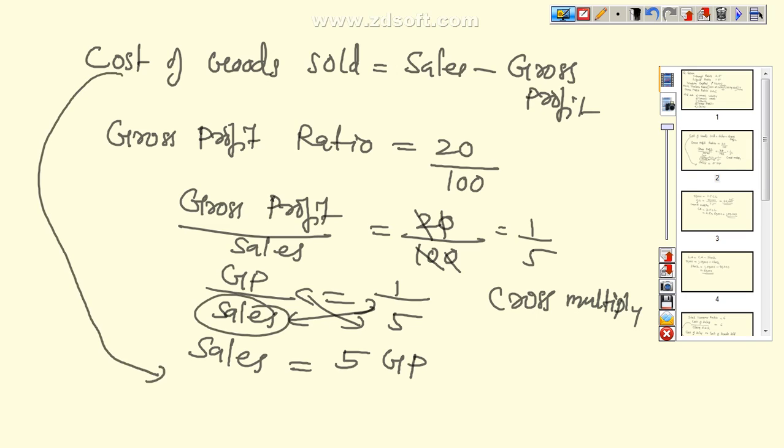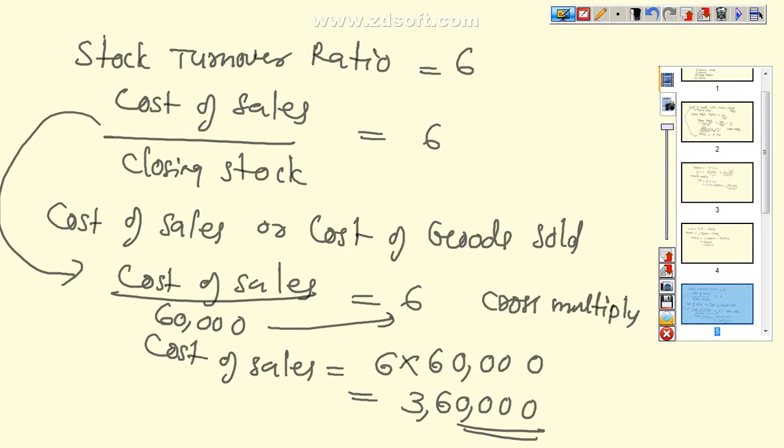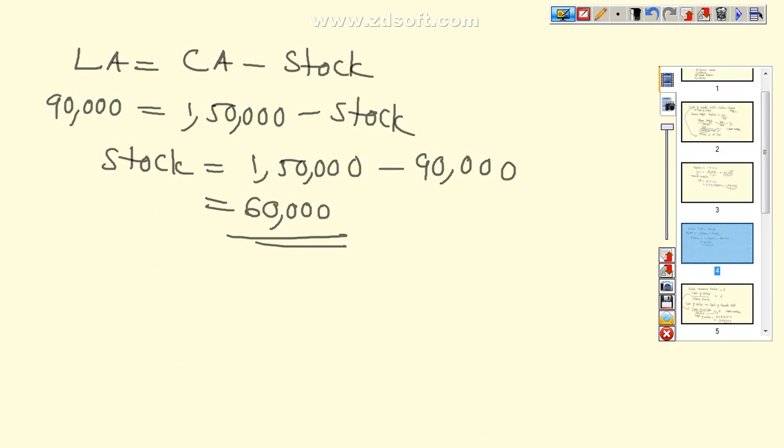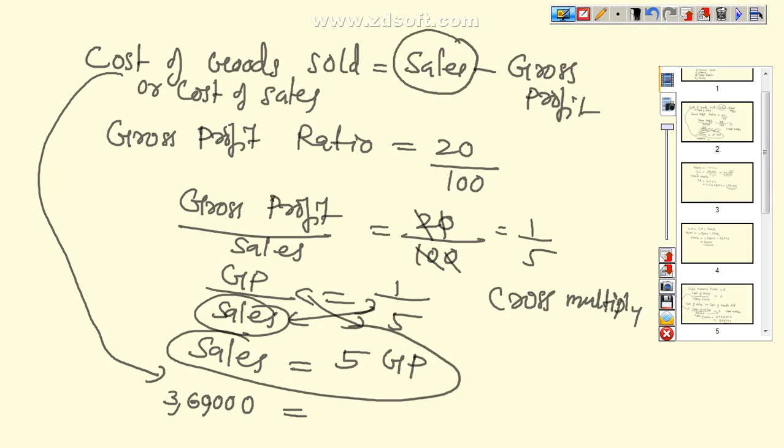Now in this formula we can substitute. We know the value of cost of goods sold, also known as cost of sale. We have calculated cost of sale, that is 3,60,000. So we can write 3,60,000 is equal to, we don't know sale, but sales is equal to 5 GP, so we write 5 GP minus GP.